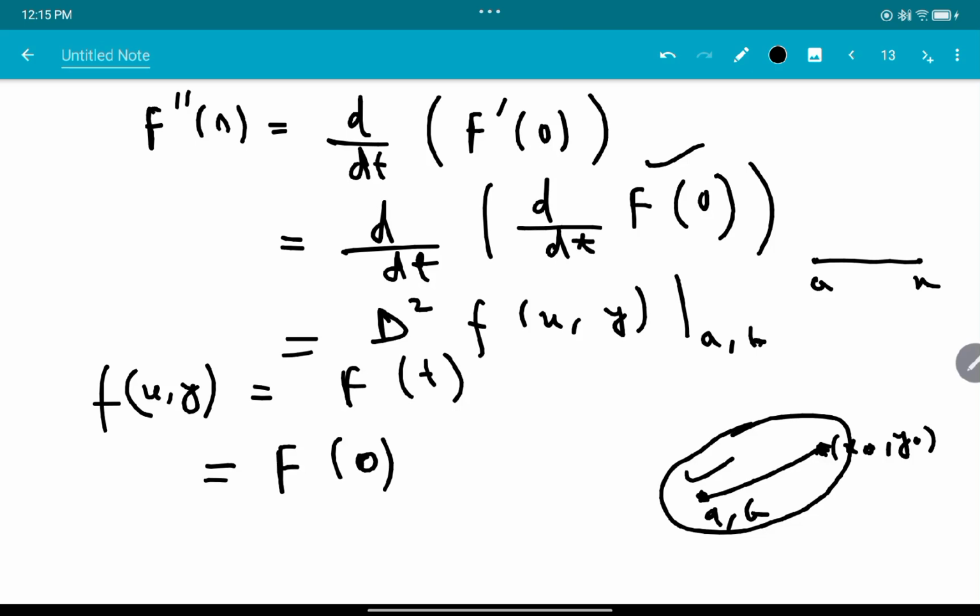If we take x naught y naught, which we are expanding about this, then if that is the case, we have to write x naught y naught here, and then the value of this.